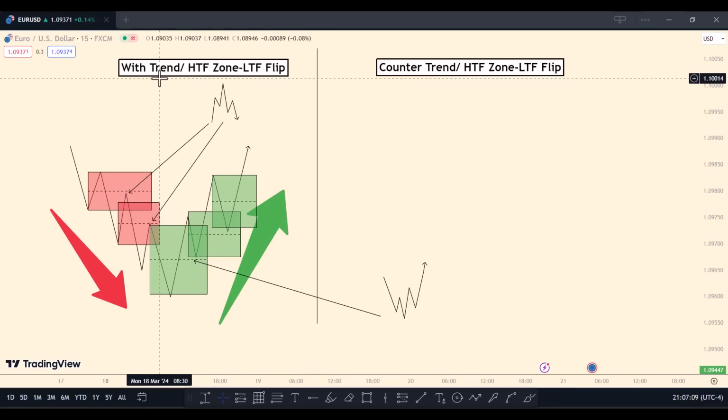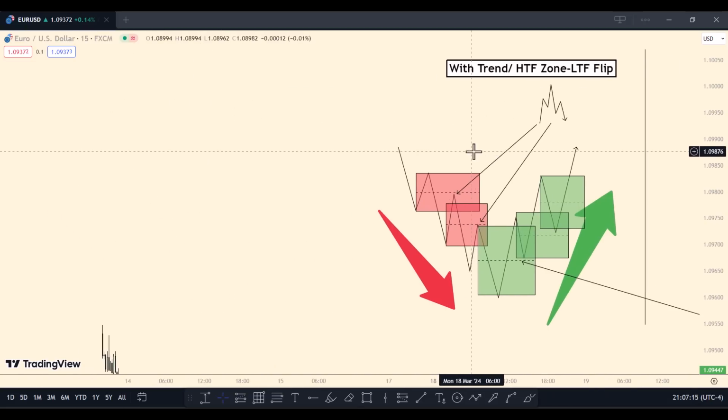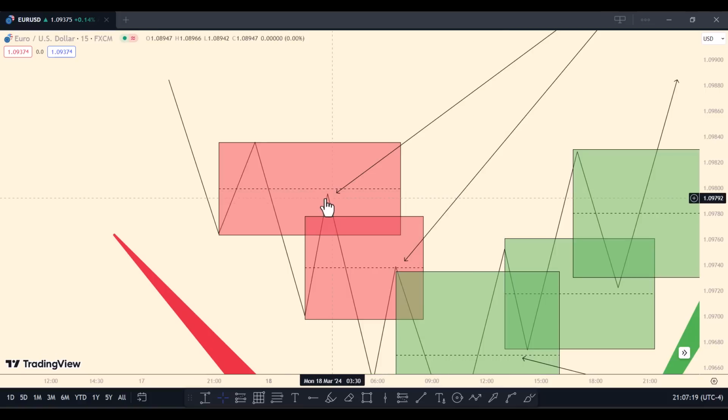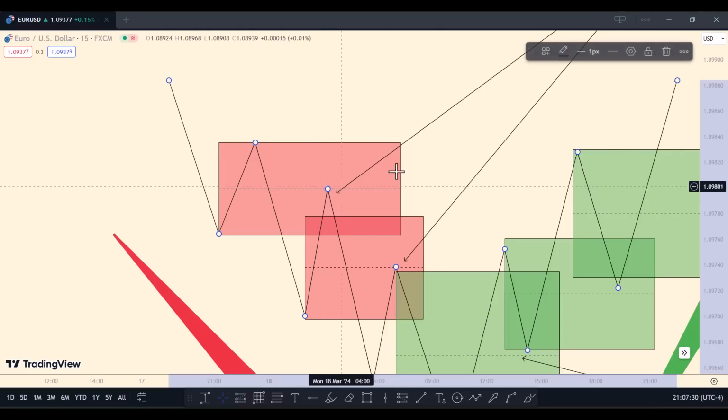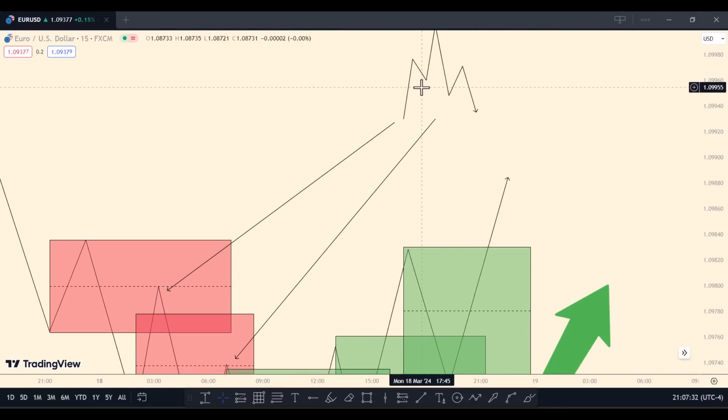But now let's talk about the details and the variations of this model or this setup. So here, let's talk about this one right here. A lot of new traders will wait for price to return to the 50%, the top on the 50%, and then they will look for this pattern right here, the flip.